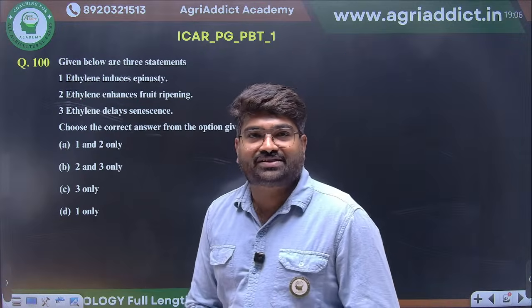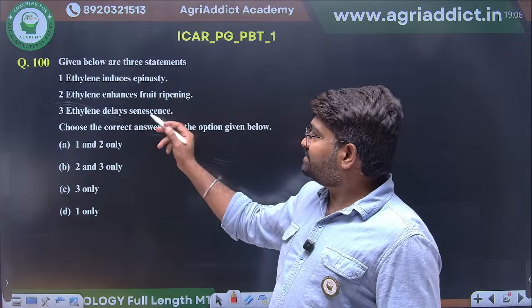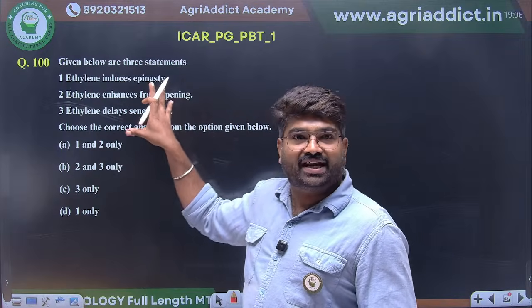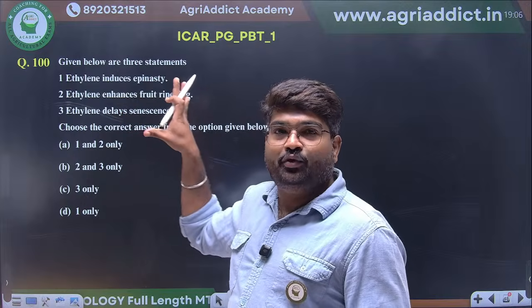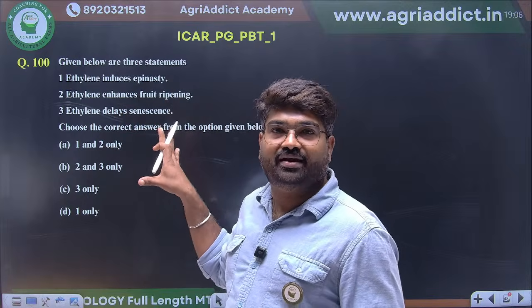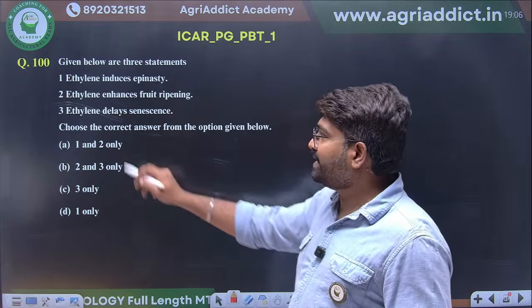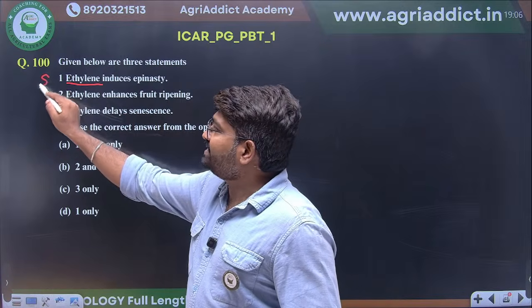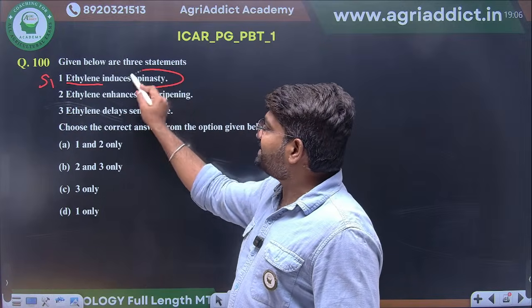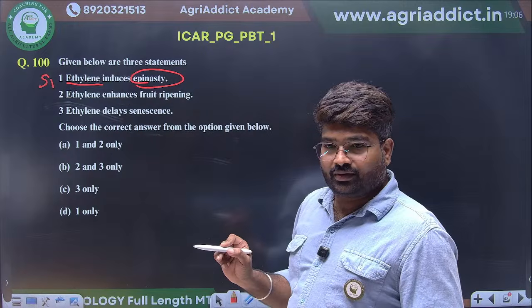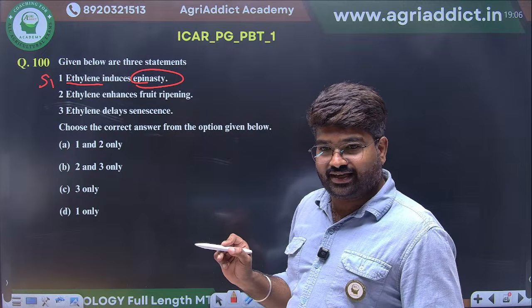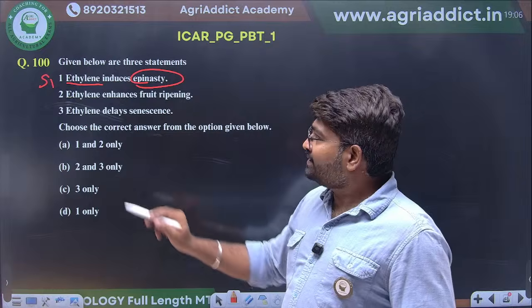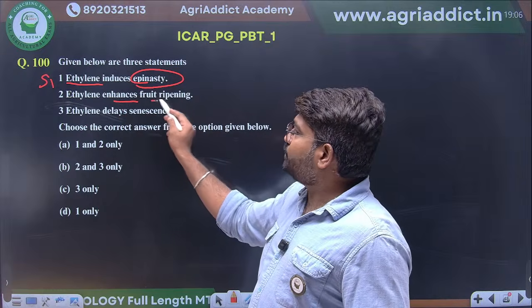Again, another question from the plant hormone portion. All these things we have seen in our lecture. If you miss the lecture, just go and rewind. Just go and see once. Okay. Ethylene. Statement one is ethylene induces epinasty. Second, ethylene enhances fruit ripening.